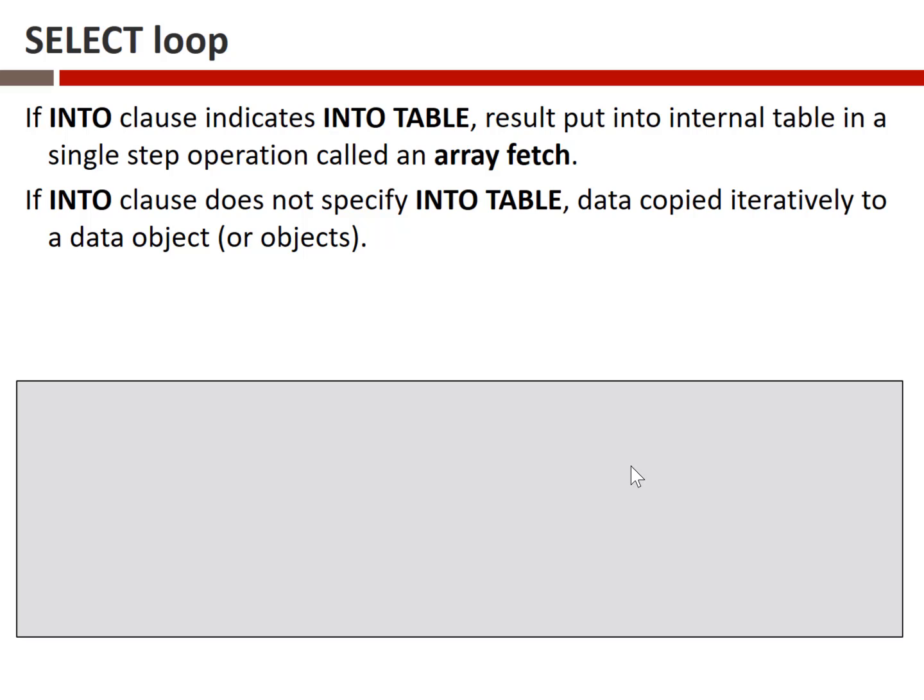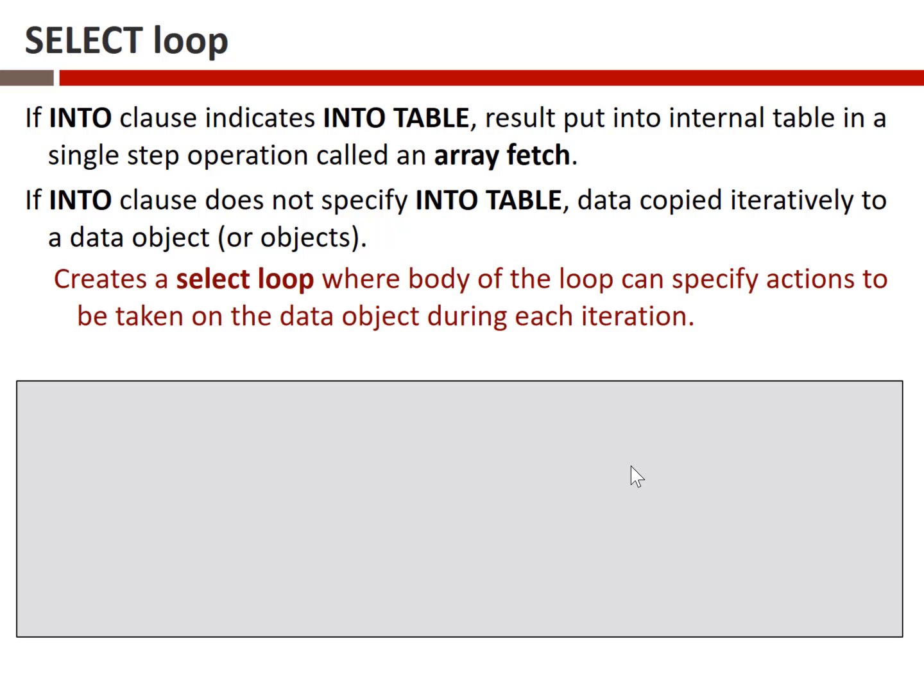It copies the first one into the work area and then starts a loop. At the end of that loop, it goes back up and copies the second record into my work area. Every time it encounters the top of the loop, it puts the next result into the data object. This is called the select loop.